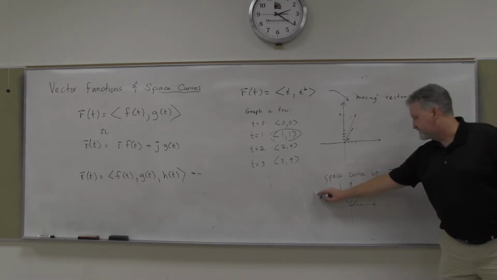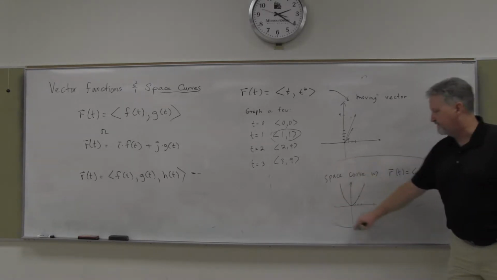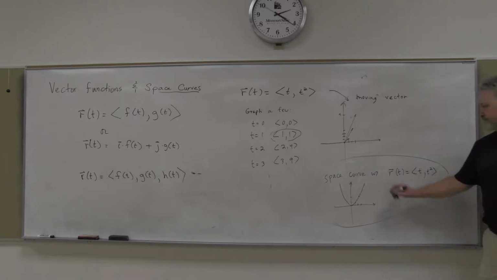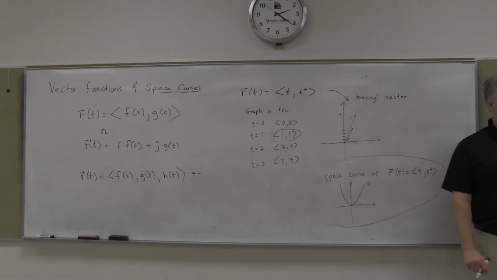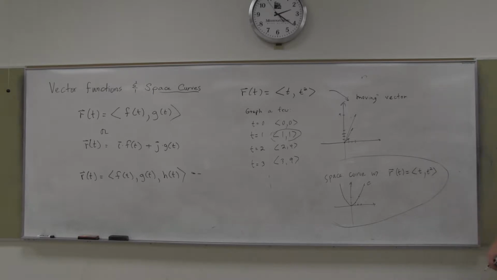Okay, so this is the space curve of that. They usually reference that as C for curve, I guess. But another way you can think of it, this is our vector function. What is C there?